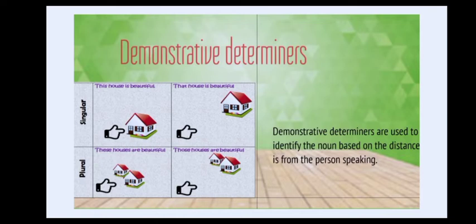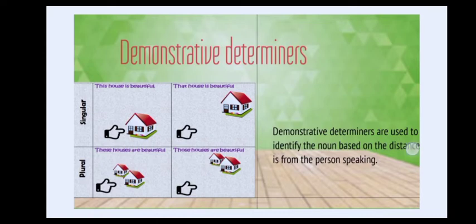That means there is some distance between where I am standing and where that house is placed. So I am pointing out towards that specific house. Whenever we are pointing out towards any object or element, that is your demonstrative. Now see, the next thing is they refer to the noun that follows them.